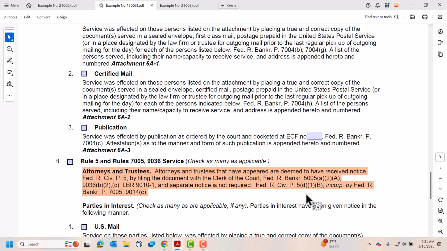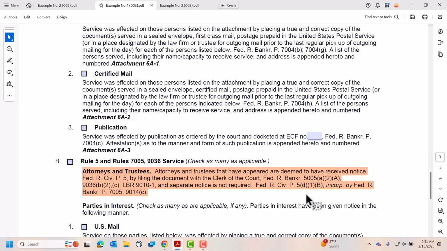Why? Because all persons requesting special notice do so by portal on the court's website and are deemed to have consented to e-notice under Federal Rule of Bankruptcy Procedure 9036. The notice of electronic filing, which is generated by the clerk of the court, now constitutes Rule 5 notice to persons requesting notice.